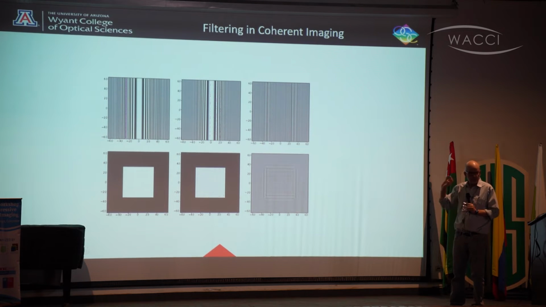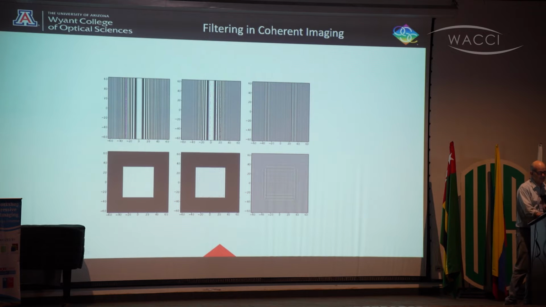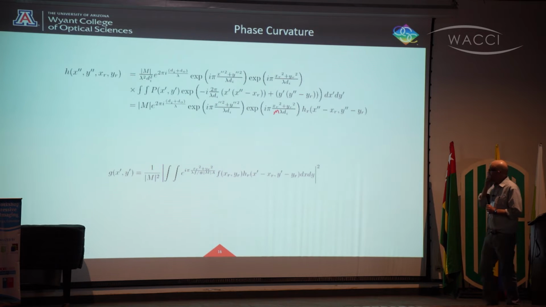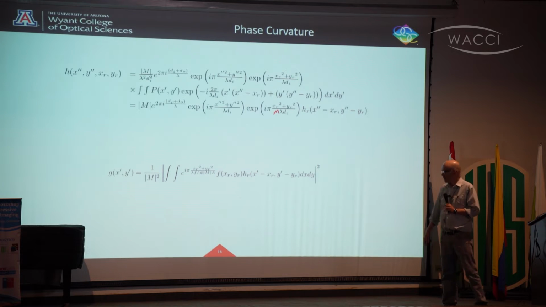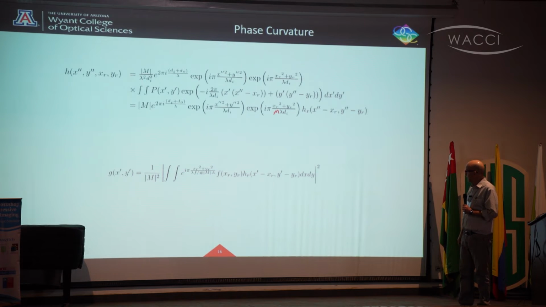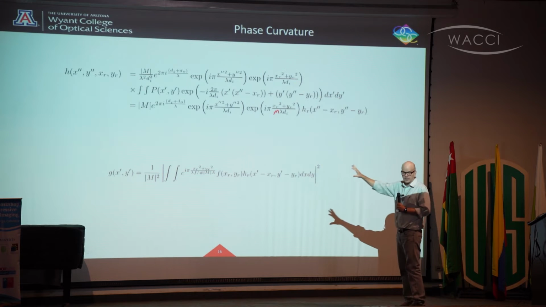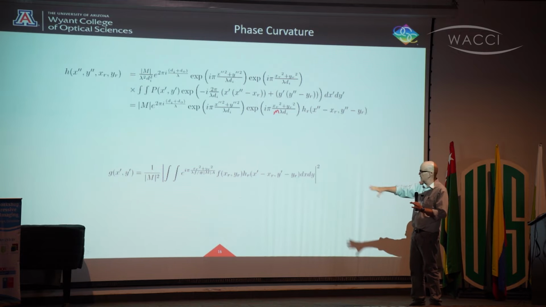What's interesting is this is not how coherent imaging systems actually work, because of those phase curvature terms. So you have these phase terms out in front. The phase term in image space doesn't really matter because you're going to measure the intensity of the field, and that's going to drop off.